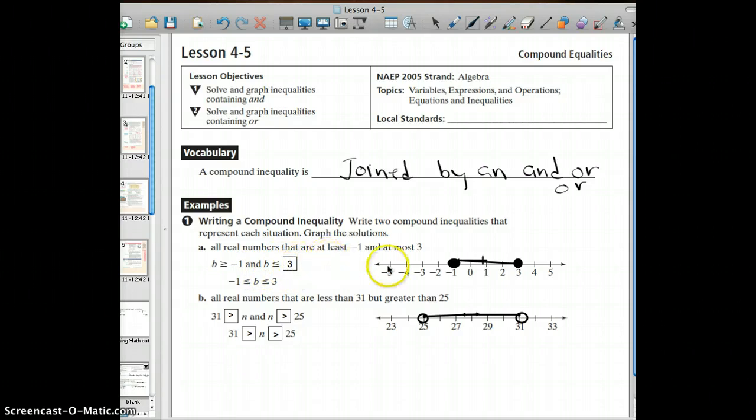We're going to graph both inequalities on one number line, okay? They're graphed on one number line, and we're going to show that all real numbers that are at least -1 and at most 3 are going to fall between -1 and 3.